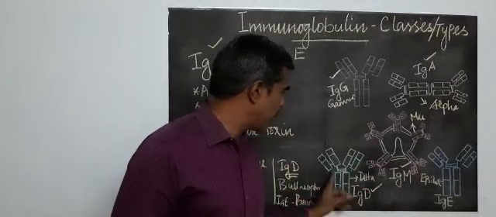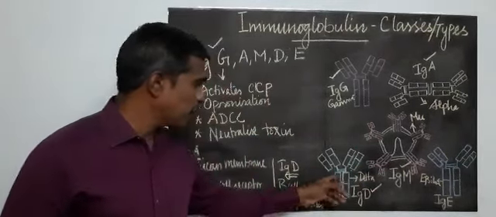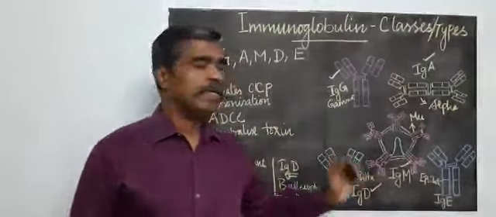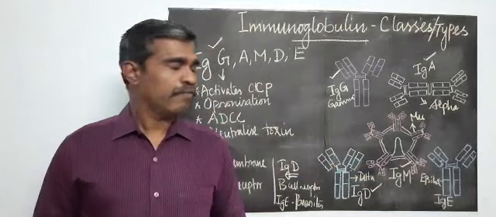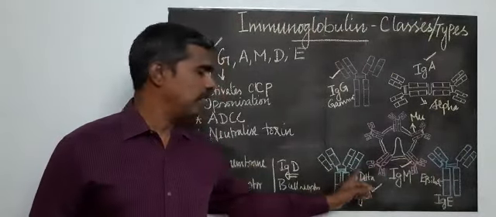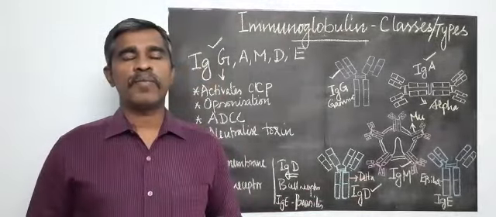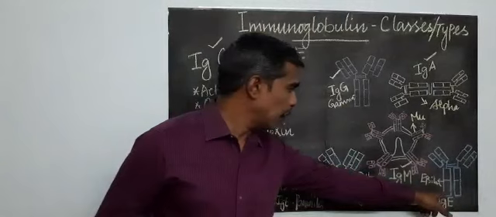And then we have IgD. The heavy chain is delta, and it is a monomer unit. It is also present on the cell surface of the B lymphocytes, and this IgD is capable of activating the B cell as well as the mast cell. The last one is IgE.